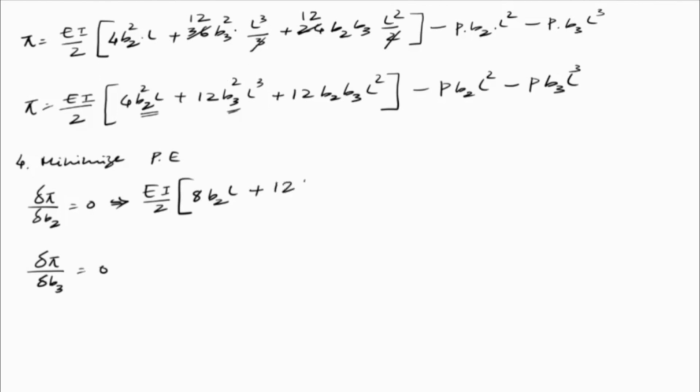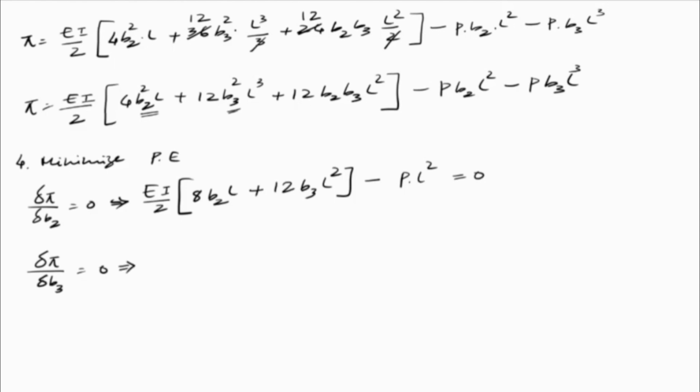Here it is 2 b3 b2, differentiation of b2 is 1. Left out constant term is 12 b3 L square, minus, when I am doing with respect to b2, this term will become 0. Left out is P into L square is equal to 0. Differentiate and equate it to 0. This is my first equation.